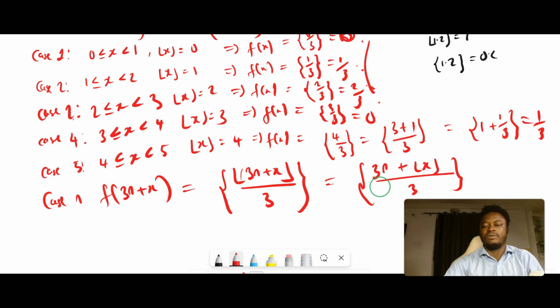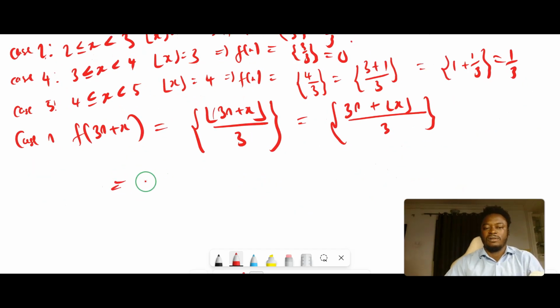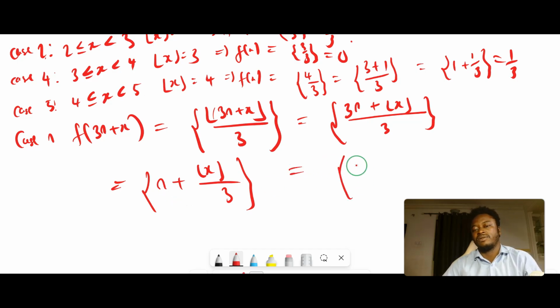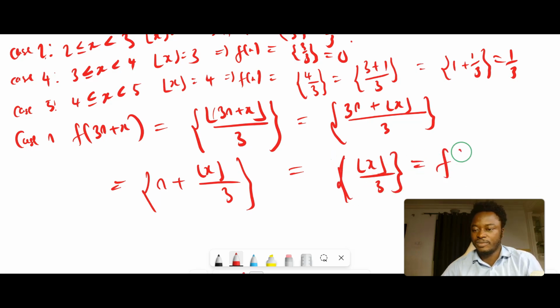So that would be the fractional part of n plus the floor of x, all divided by 3. Now, because n is an integer, that would still be the fractional part of the floor of x, all divided by 3. So this is essentially pretty much our f of x. So you can see that f of 3n plus x is f of x.